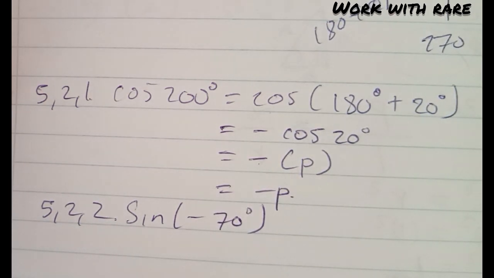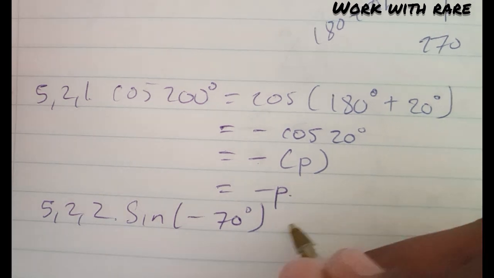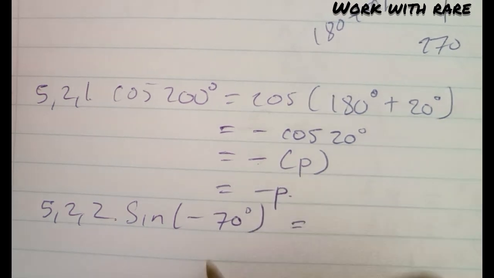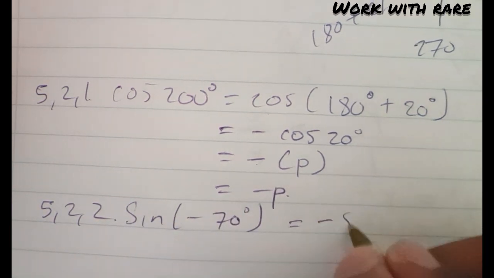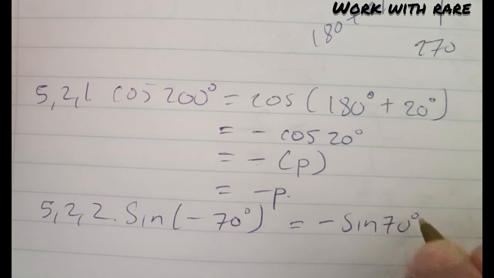Okay, so the first step that we have to do is to write this in a simple form, because when it is like this, it is not in a simple form, so we have to write it like this.